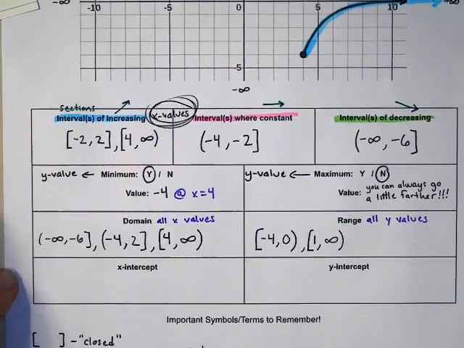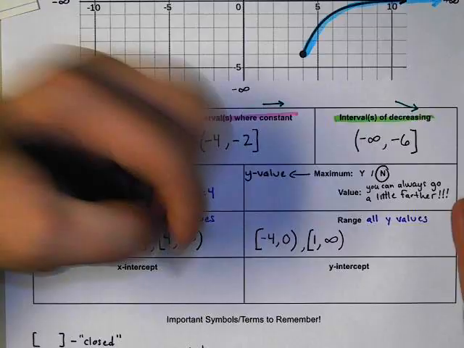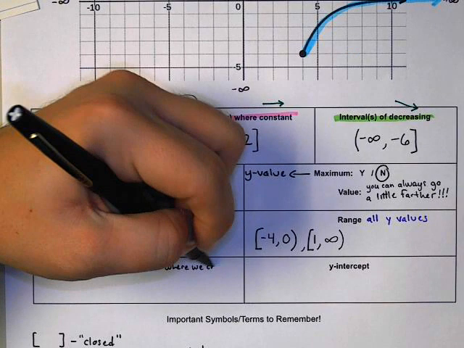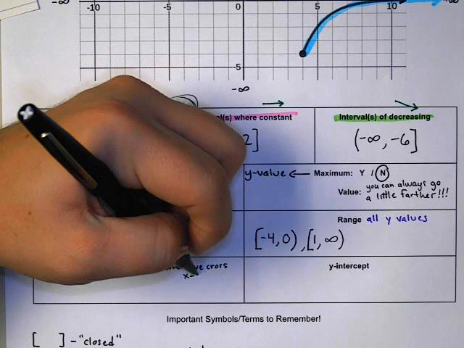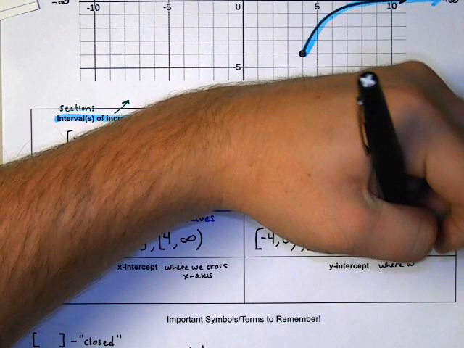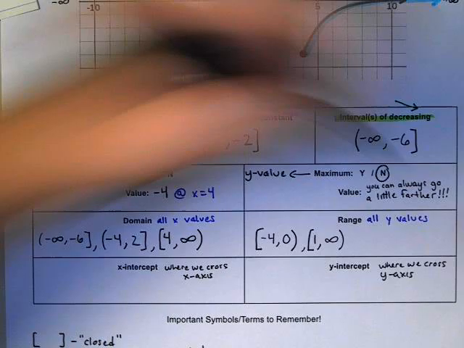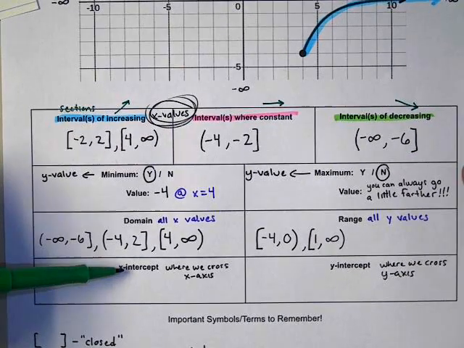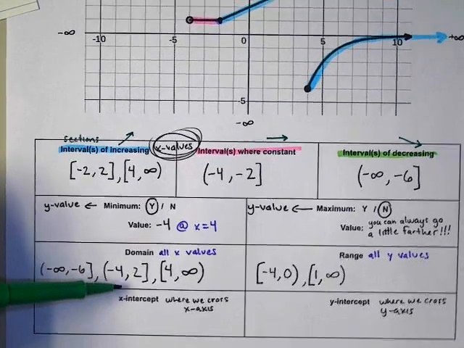Now, I know this video is getting long, so I'll cut this next part kind of short. X-intercepts, where we cross the x-axis. Y-intercept, where we cross the y-axis. And so, if we notice x-intercept, I literally just look along the x-axis.